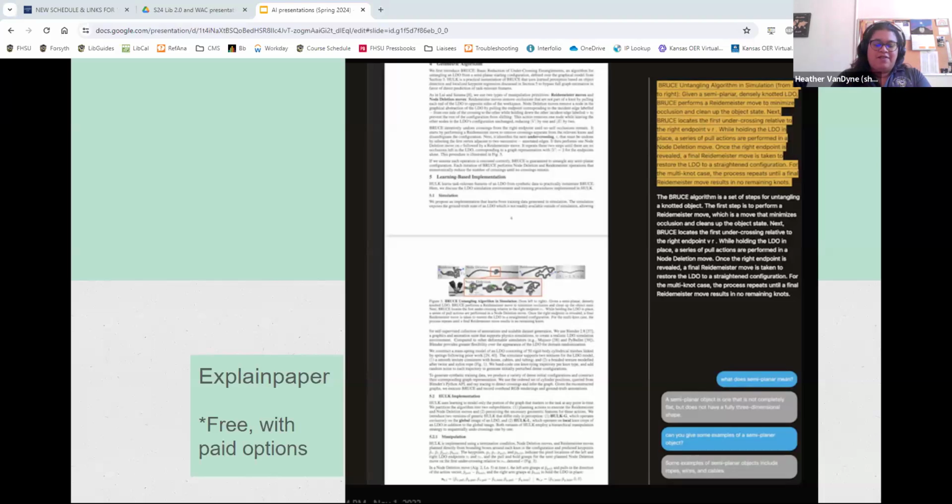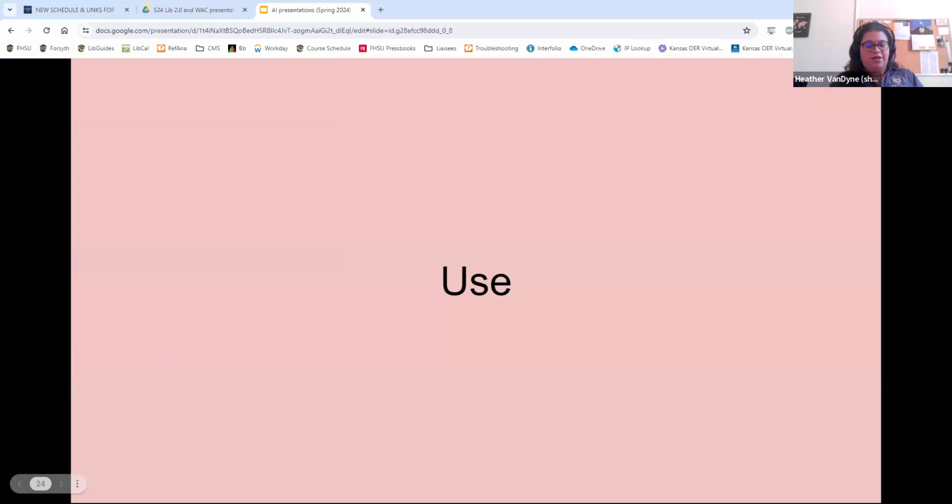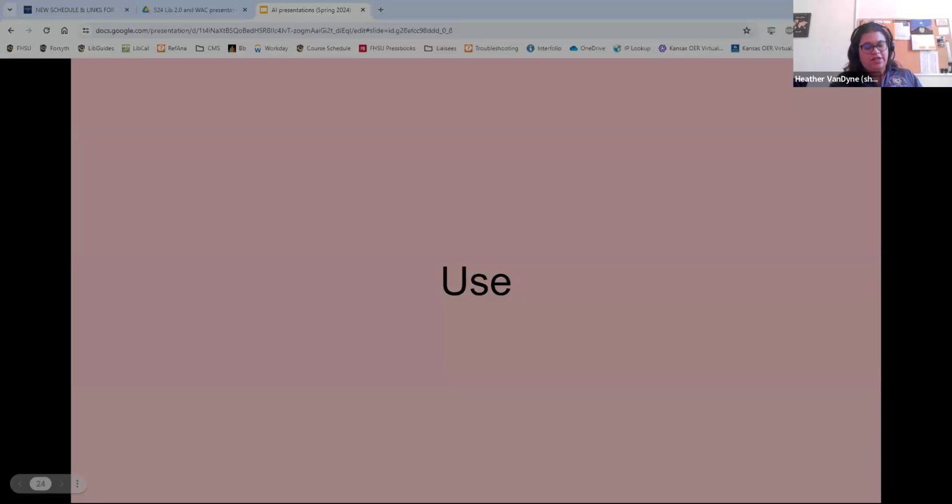Explain Paper does have a chat feature, but that's part of the paid upgrade. This is very helpful for longer articles or papers with very dense content. And then I will hand it back over to Claire to discuss use.